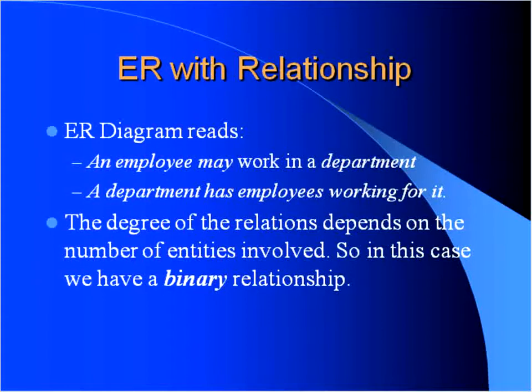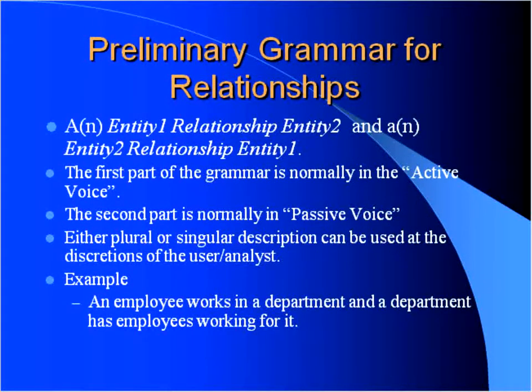In this case, we have a binary relationship because we have 2 entities involved in the work-in relationship: the department entity and the employee entity. When 2 entities are related to each other, it's called a binary relationship.